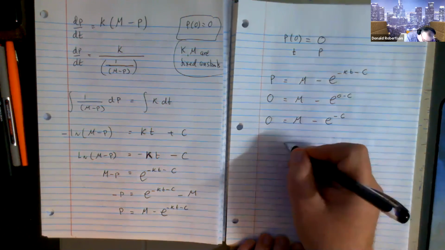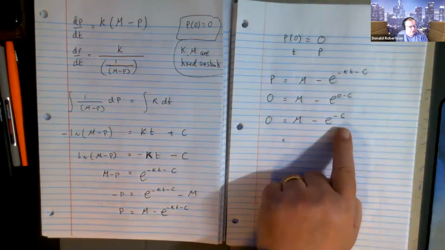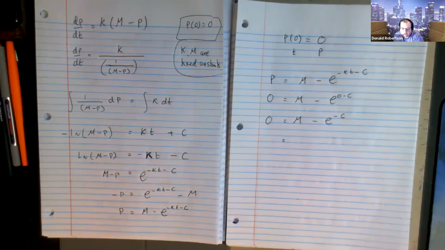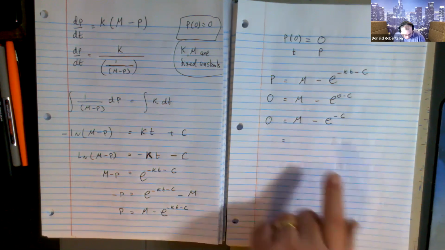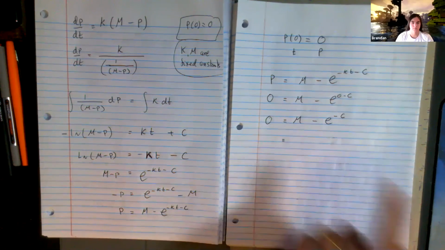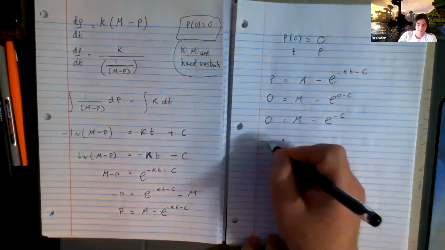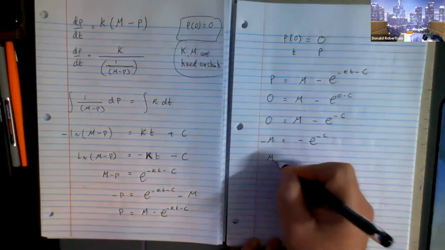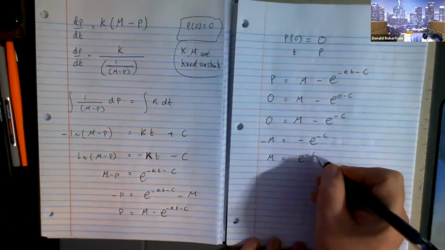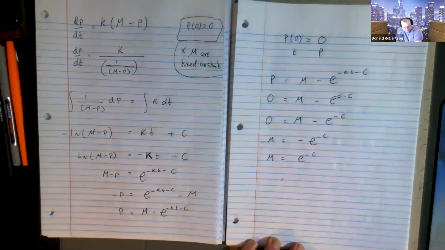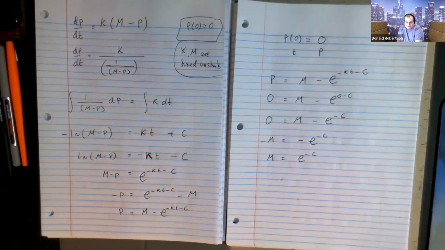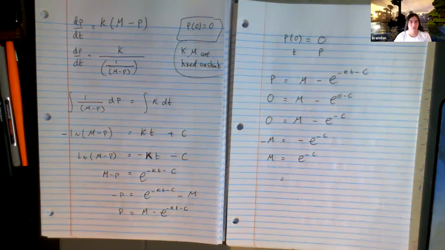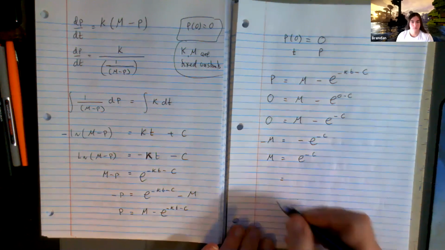So what would you do to both sides to get closer to that C? Subtract M. Now if you subtract M, multiply both by -1. Yeah, we're getting there. What you going to do now? Natural log.